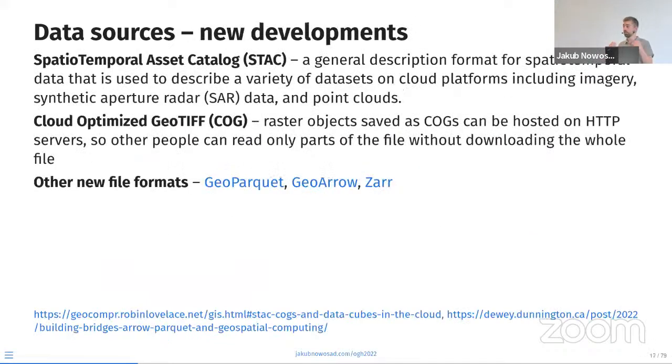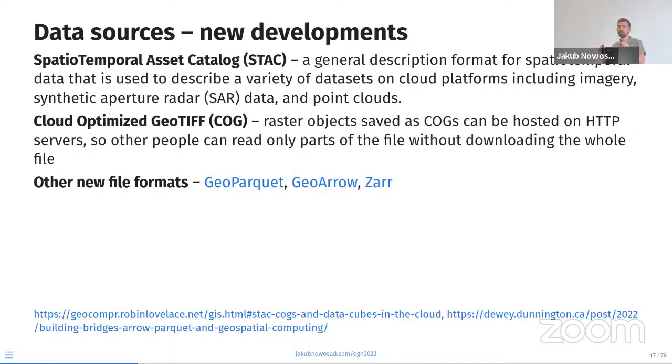And then this field, similarly to data models, is not stale. There are still many new developments, and there's always something new to learn. So, for example, there's a huge rise, I think, in using something called STAC, the Spatio-Temporal Asset Catalog.